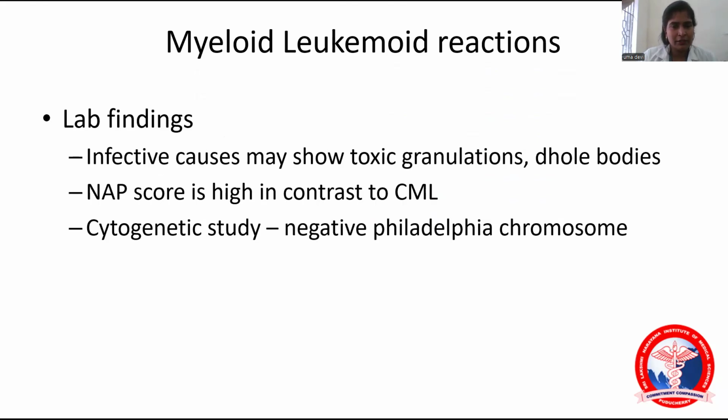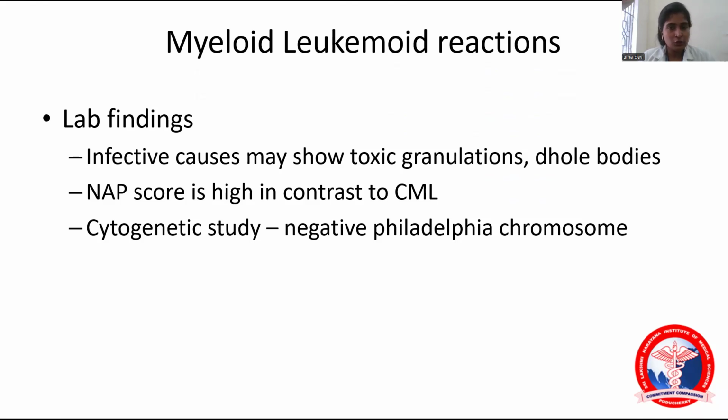Next come the lab findings. Is morphology enough? Yes, you can fix it if you're confident. But morphologically, an additional supporting test is the NAP score, which means neutrophil alkaline phosphatase, or some people also call it the leukocyte alkaline phosphatase score. They stain the cells and then see the granules. The NAP score is high in non-neoplastic conditions, which means in leukemoid reactions, the WBCs are still normal.